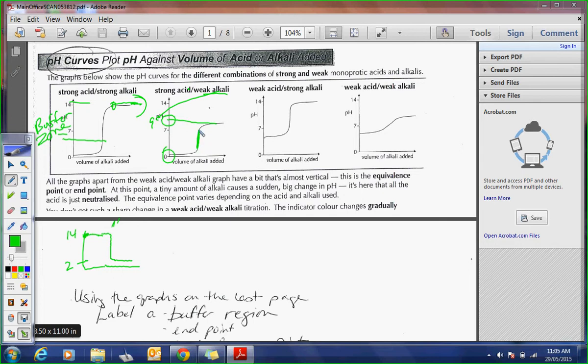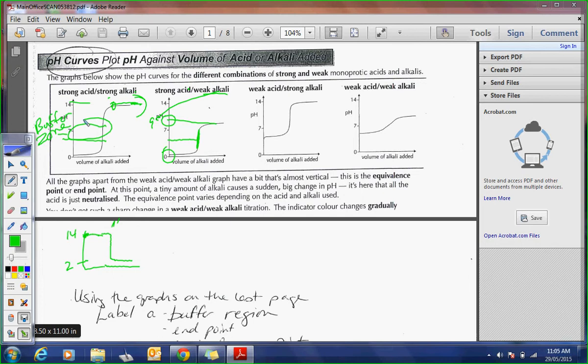What's the equivalence point pH here? 4. So those of you that thought you reached a neutral solution, that's not necessarily true. If you have a strong acid and strong alkali, you've probably reached a neutral solution. But if you have a weak base and a strong acid, you're going to end up with a pH of 4 at your equivalence point.